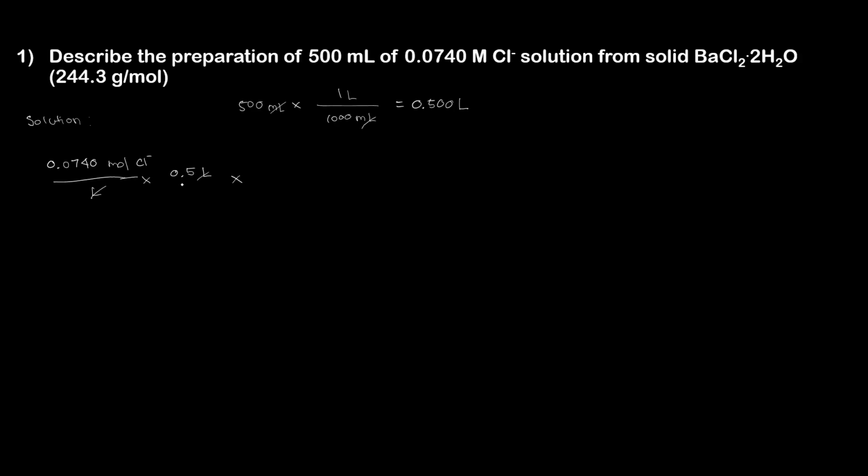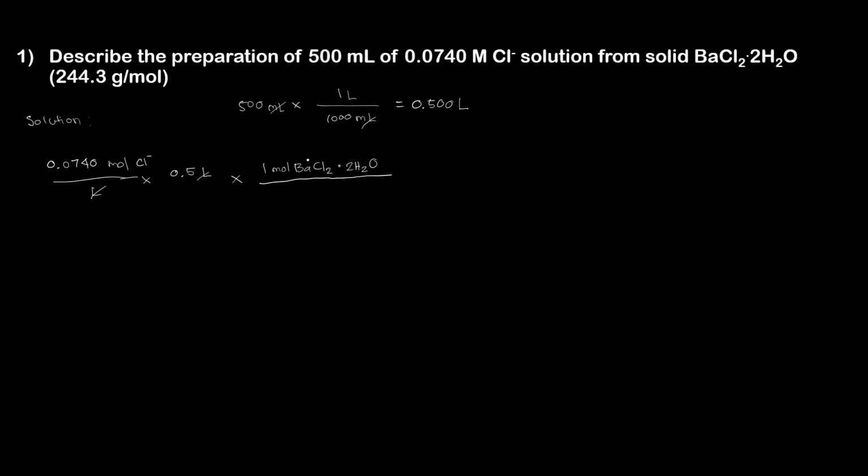Now that you have the mole of chloride ion, we can use the stoichiometric coefficient between the solid BaCl₂·2H2O and the chloride ion. If you remember, in 1 mole of BaCl₂·2H2O, we are asked through dimensional analysis how many moles of chloride ion there are.